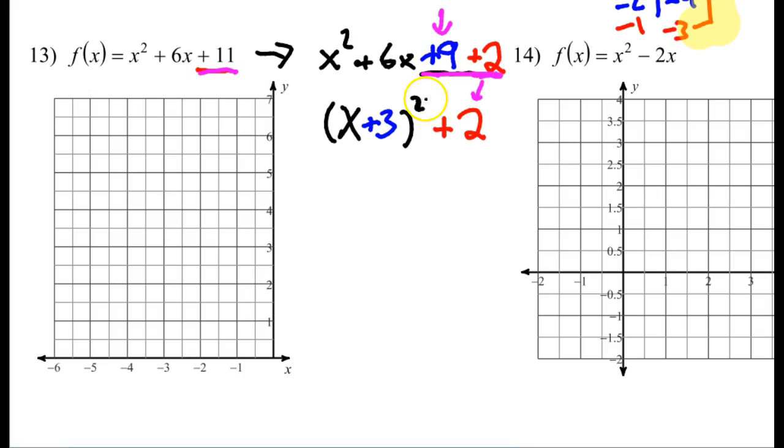Yes, right? Negative 3 squared is 9. Positive 3 squared is 9. So no matter what, this will be a positive number always. But this can be a plus or a minus. So if this was like 8, we'd do a minus 1 and make it equal to 8. So it just depends on the problem. But this is always going to be a positive.